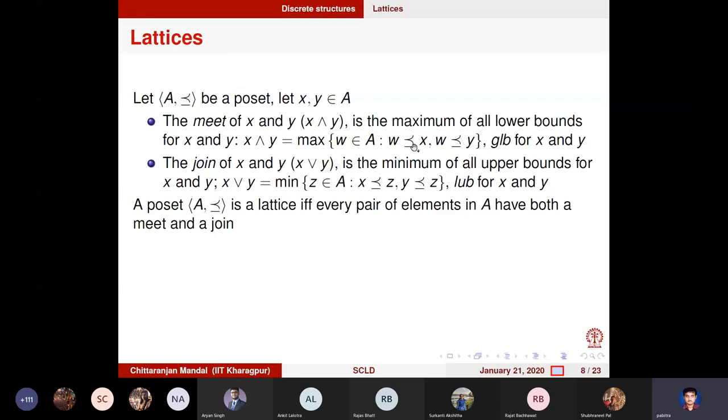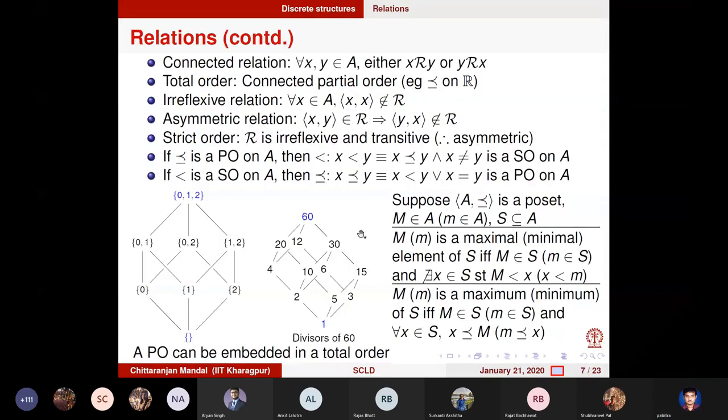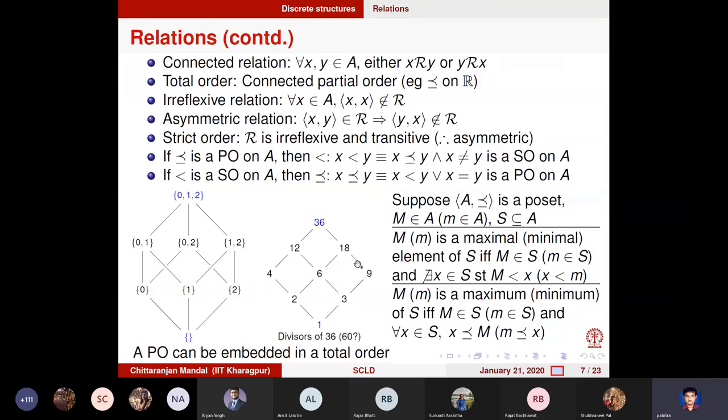So let's take this example. You tell me what is the meet of 12 and 18 in the right hand side diagram? What is the lower bound of 12? 1, 2, 3, 4, 6.